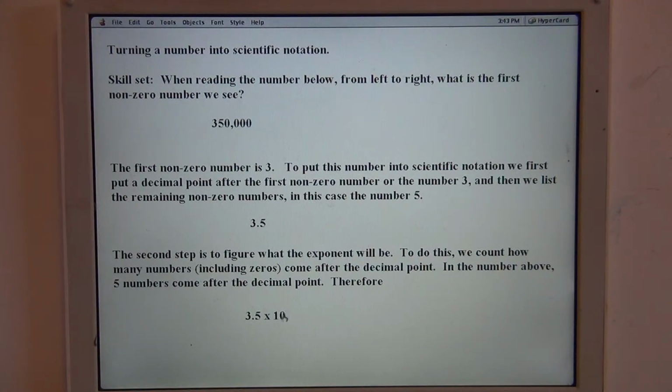The way we do that is we count all of the numbers to the right of the decimal point. We start with the 5: 1, 2, 3, 4, 5 numbers. So it would be times 10 to the 5th power. So 350,000 in scientific notation is 3.5 times 10 to the 5th power.